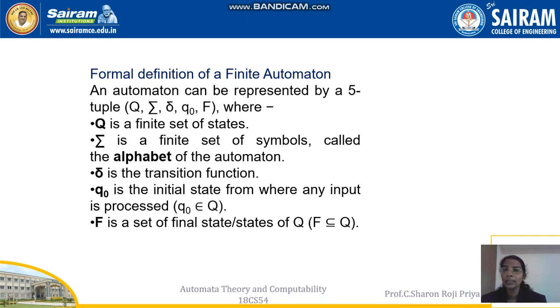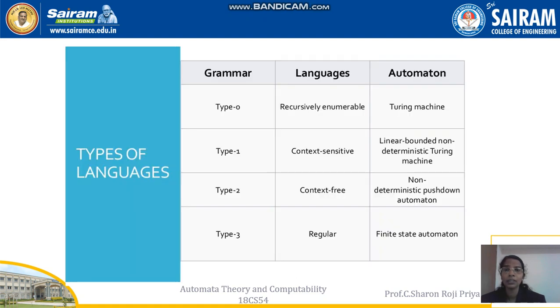And next is sigma. Sigma is the alphabet. As I said in the previous slide, every model is associated with a language. When there is a language, there should be a grammar. Take English, for example. English is a language, and it has an alphabet. We have 26 English letters. Using these letters, I can form words, and using the words I can form sentences.